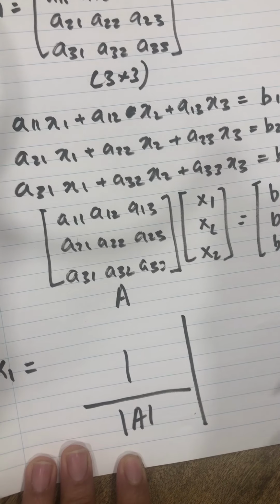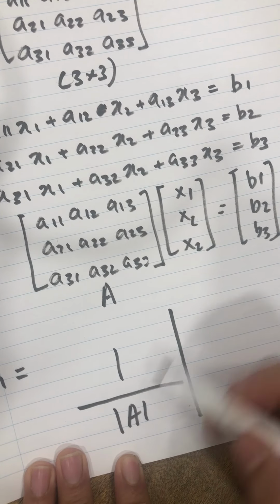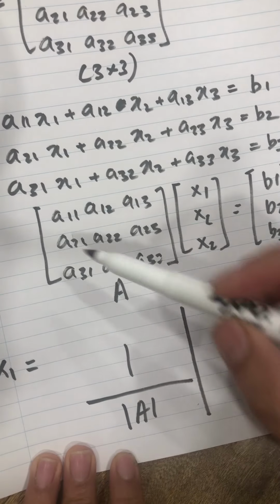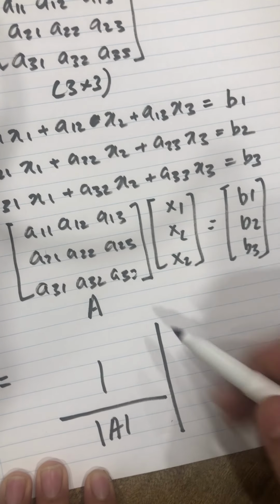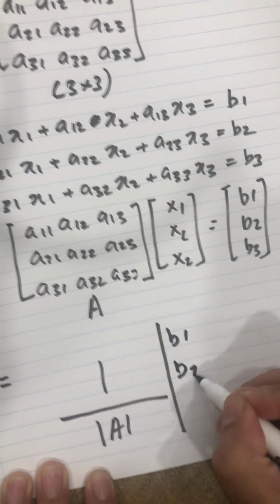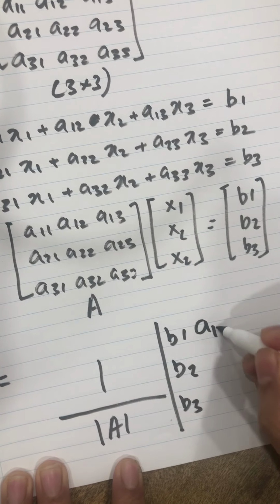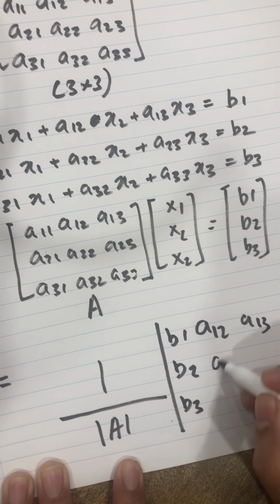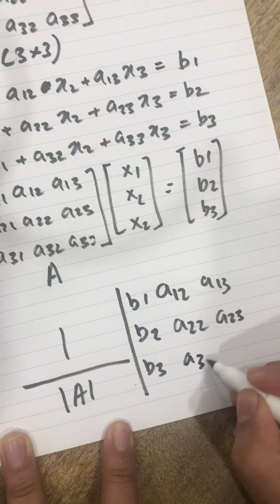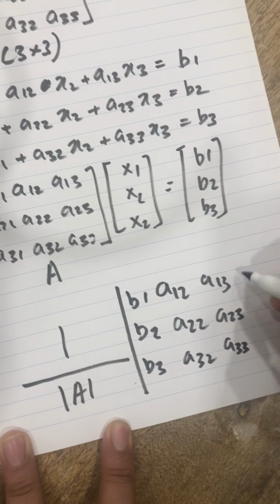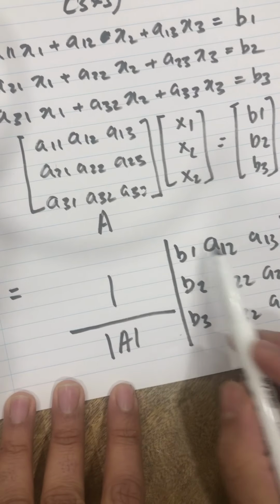You're going to do the same, but now it's a 3 by 3 matrix. From this matrix you eliminate the first column and replace it with b1, b2, b3, and then all the other elements stay: a12, a13, a22, a23, a32, a33. This is what Cramer's rule says.